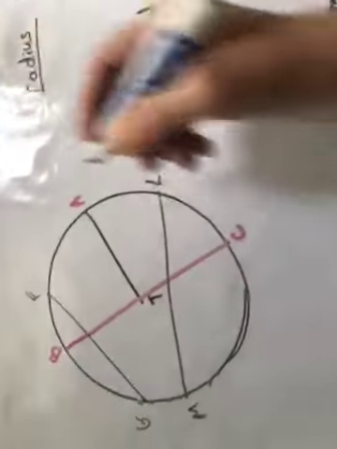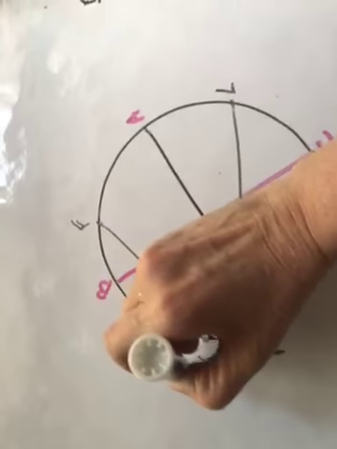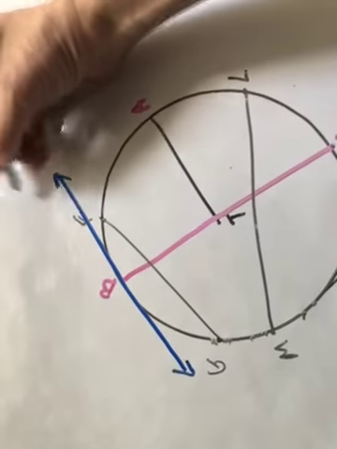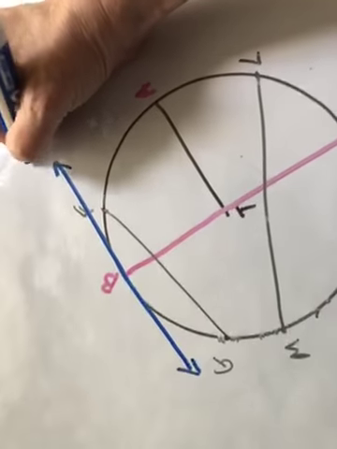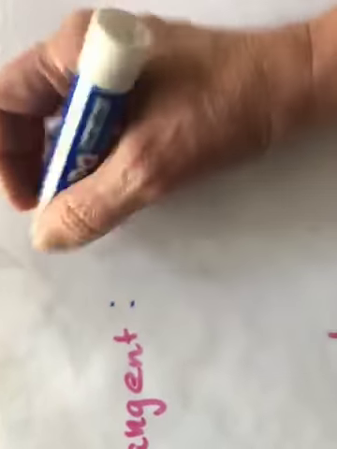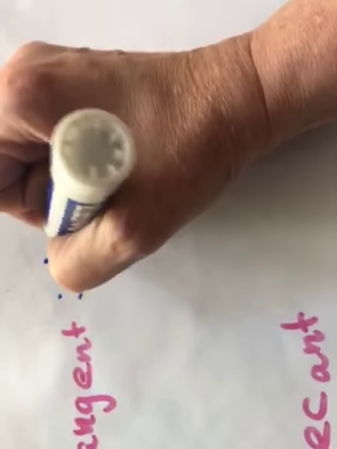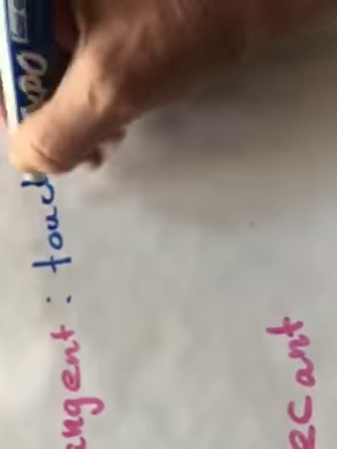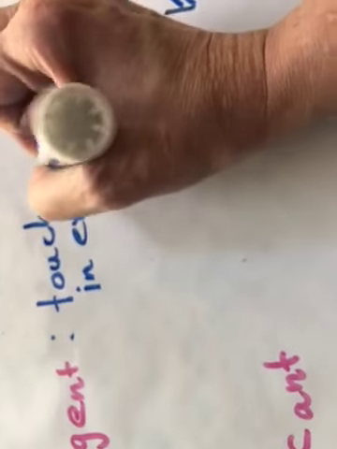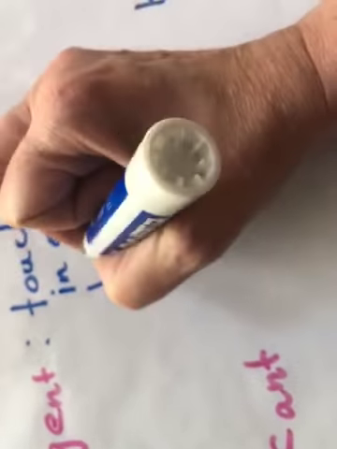And we can pick any point on the circle and draw a line that's going to touch at that point. So line, call it line S, is tangent to, it touches in one spot. So your tangent lines touch or intersect in exactly one point.